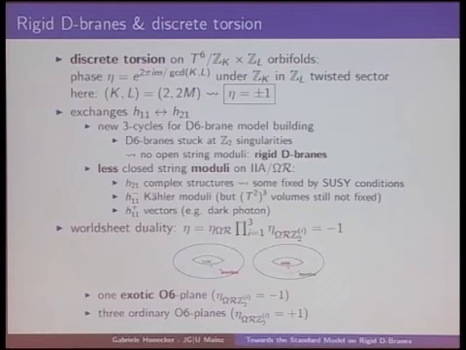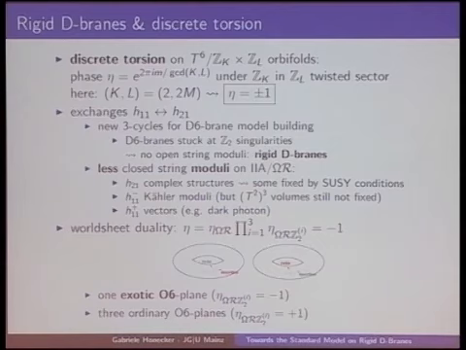So on a technical side, if you have these orbifolds with discrete torsion, you have 3 different Z2 subsectors, and in addition you have orientifold planes where you have just the orientifold plane, and then you have the combination of the Z2 factors with the orientifold plane. And you have a consistency relation that comes from worldsheet duality, which tells you that the discrete torsion factor has to be equal to the product of sign factors that are related to the orientifold planes.